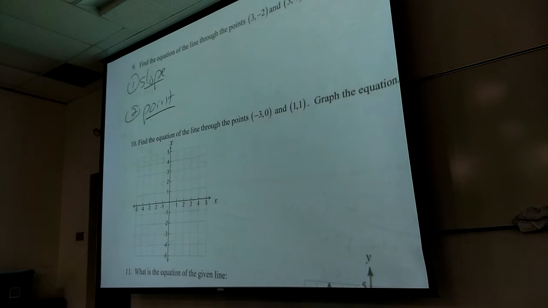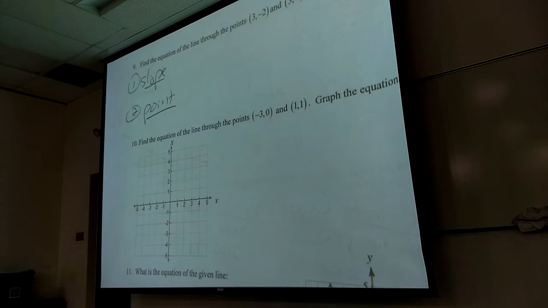I can use the smaller equations. We're done with it, right? Do I know the y-intercept? No. So I have to use a longer equation. I have to clean it up a little bit. Too bad. But in general, I need the slope, a direction, and a place to start. If I know those 2 things, I've got a line. If I only know direction, I don't know where it is. If I only know where to start, I don't know where to go.